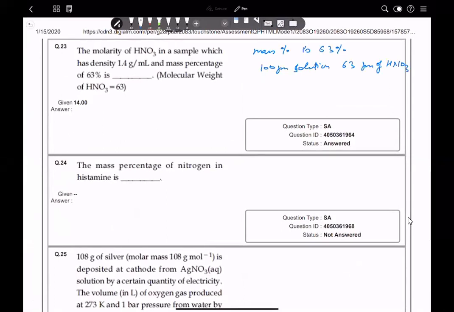As the density of the solution is 1.4 gram per ml, volume must be mass upon density, so 100 upon 1.4 ml solution contains 63 by 63 moles. Molecular mass of HNO3 is 63. These many moles are in that volume, so 1000 ml contains as many moles as the molarity. So this is 1.4 by 100 into 1000. That means molarity is 14. So the answer for this question is 14.